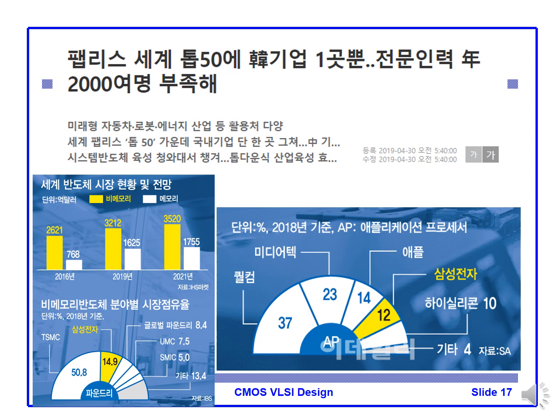This is recent online news. The title says only one out of the top 50 companies is listed as a Korean fabless company, and there is also a lack of design engineers. So every year, this circuit design field is a very demanding area. If you look at the right, an application processor is the CPU inside the cell phone.